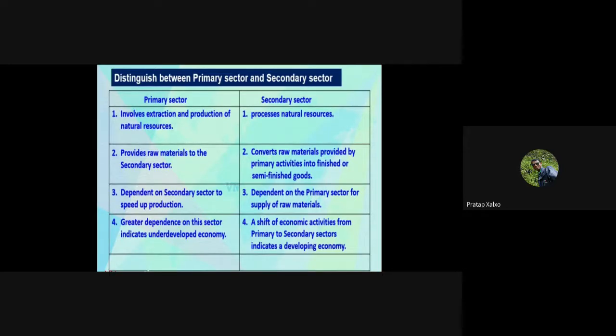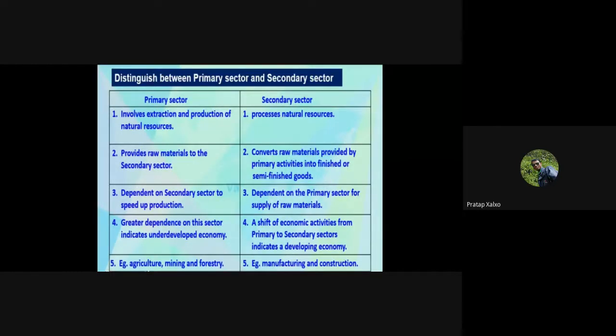A greater dependence on primary sector indicates an underdeveloped economy, and a shift of economic activities from primary to secondary sectors indicates a developing economy. Examples of primary sectors are agriculture, mining, and forestry. And examples of secondary sector are the manufacturing industries and construction.